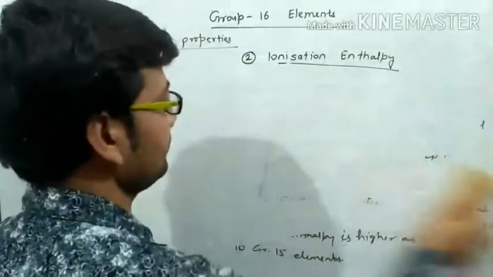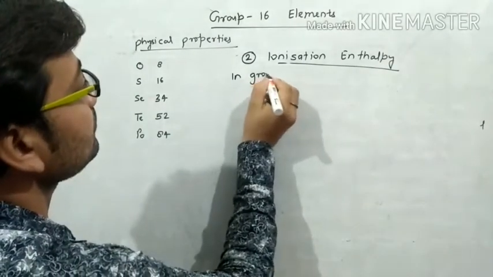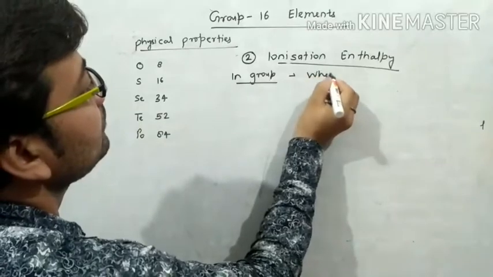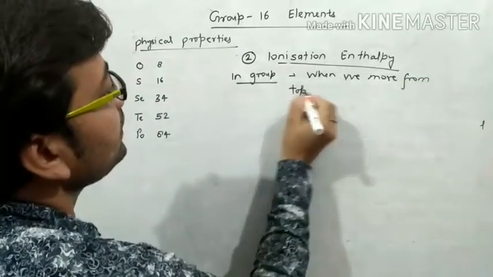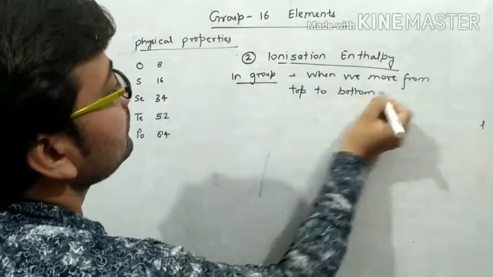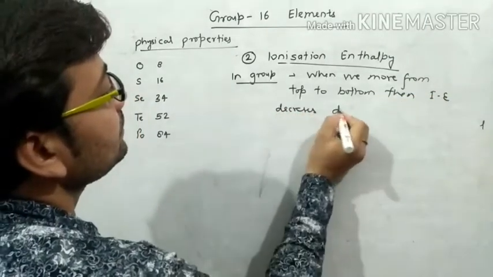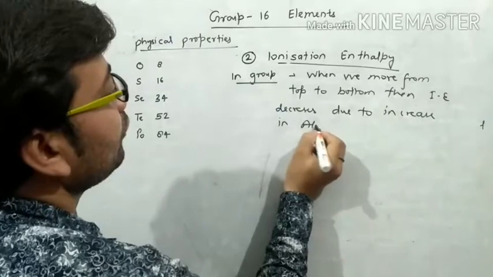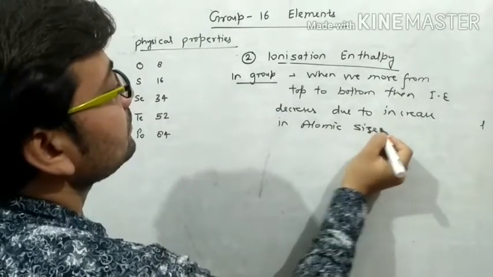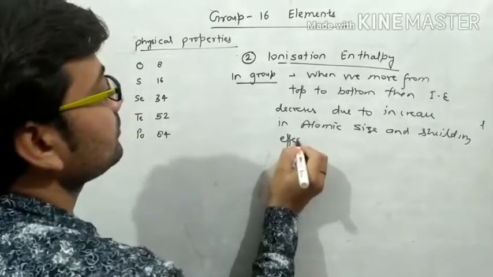Now, in the group, when we move from top to bottom, the ionization enthalpy decreases due to increase in atomic size and shielding effect, right?